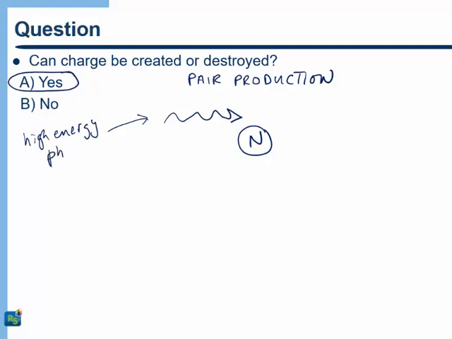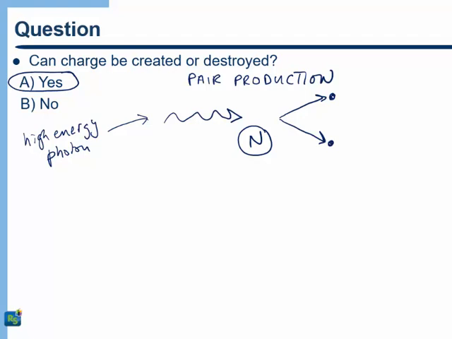It turns out that what can happen if a high energy photon comes near to a large nucleus of an atom is that the photon can spontaneously disappear, and in its place what we get are two particles.